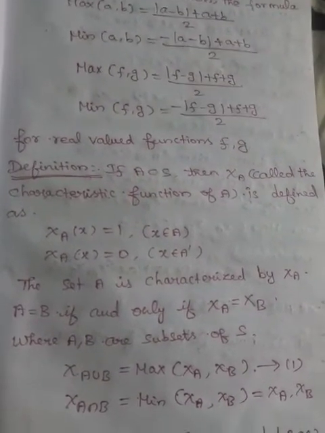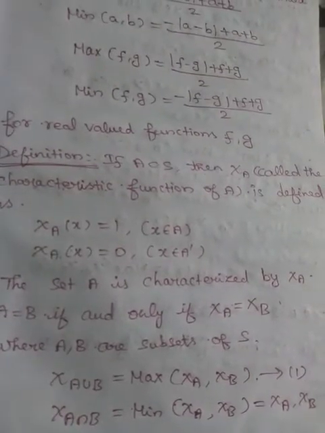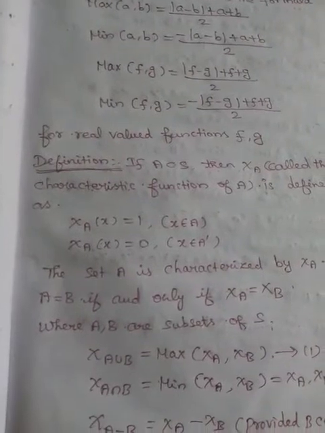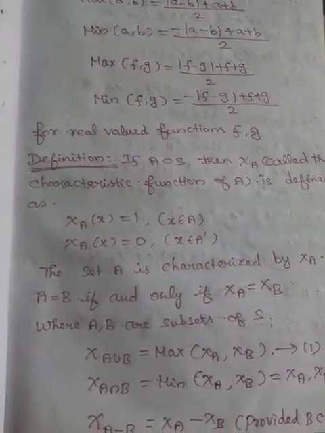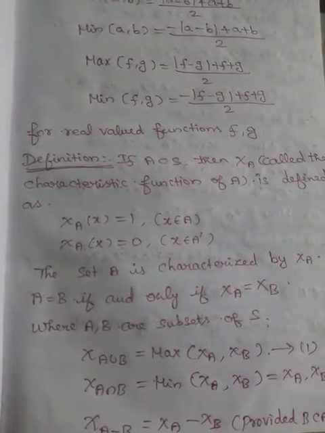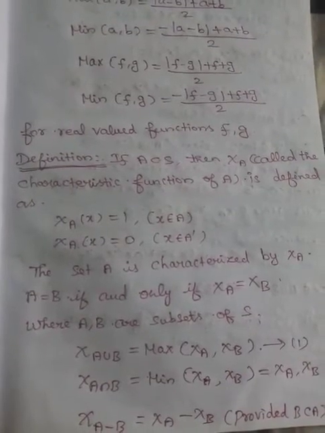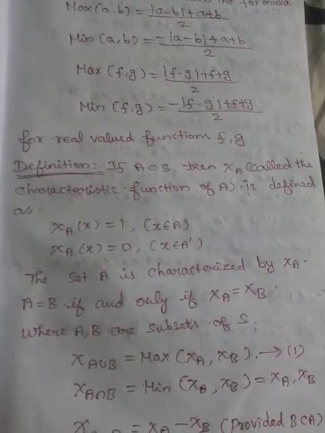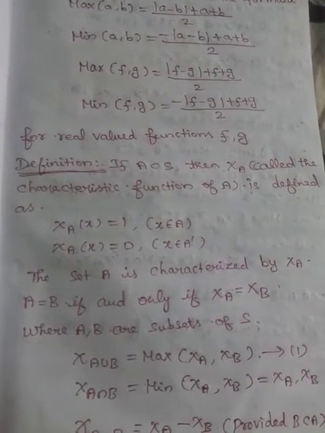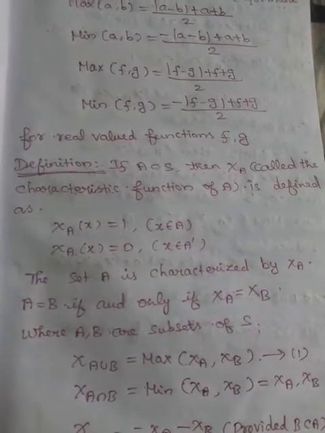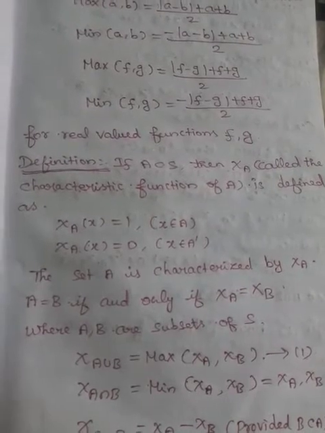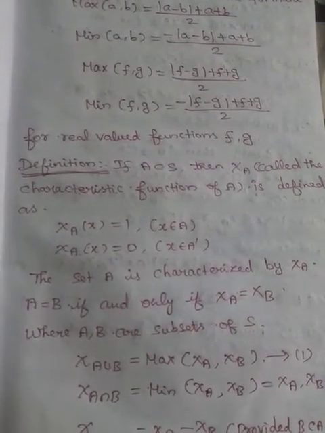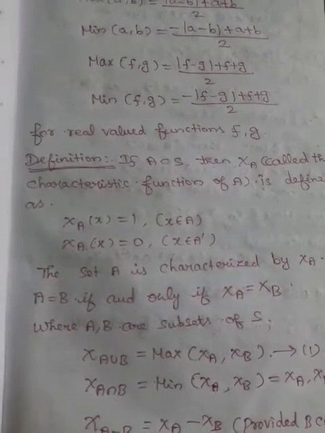The set A is characterized by ζ_A. So A = B if and only if ζ_A = ζ_B, where A, B are subsets of S.